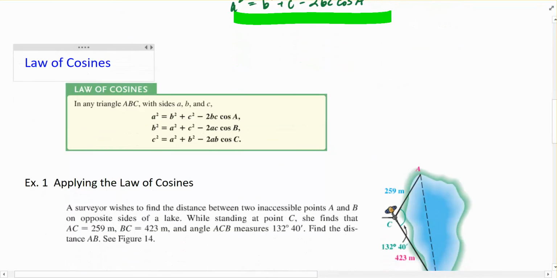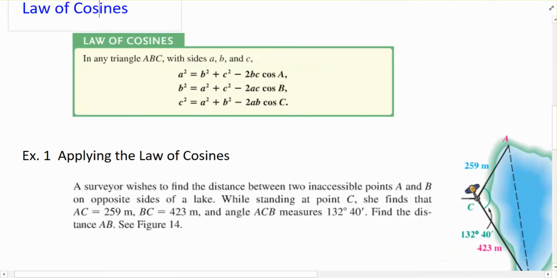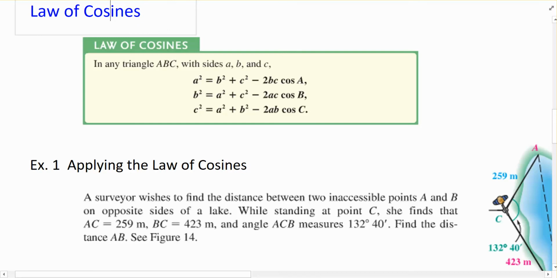So we're going to jump into what the law of cosines is and how I go about using it. The law of cosines is what I'm going to use when I know the sides of a triangle, and that's what the formula talks about here. There are three different versions of the formula depending on what you're looking for.